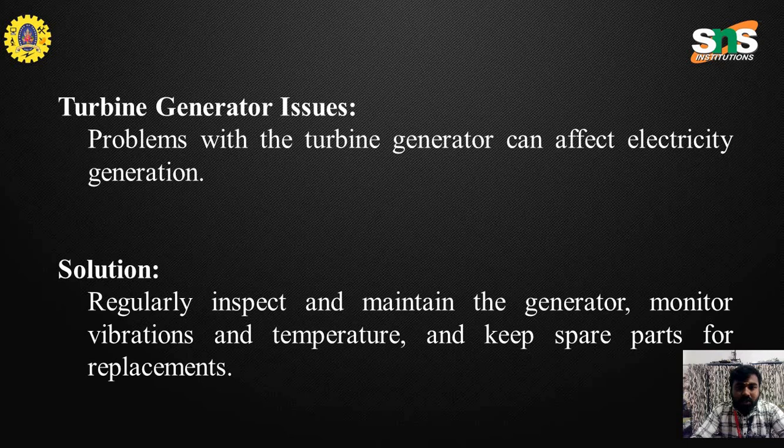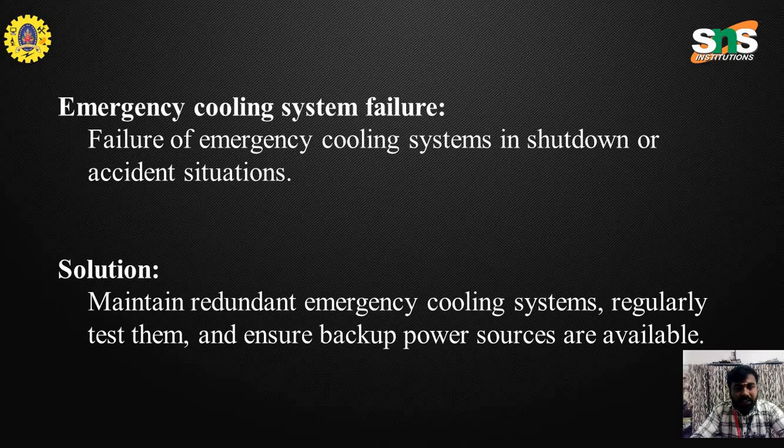Due to the magnetic field produced in the rotor, electricity is created in the stator part. The turbine and generator are the most common means of producing electricity. To prevent these issues, regularly inspect and maintain the generator, monitor the vibration and temperature, and keep spare parts for replacement.